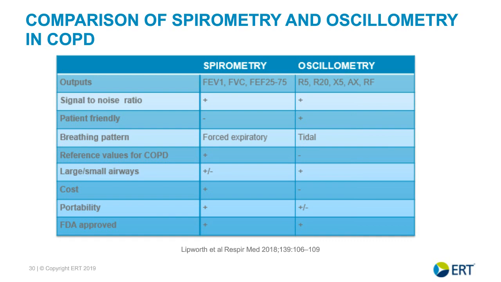In my opinion, oscillometry is much more patient-friendly than spirometry because it avoids the forced expiratory maneuver. It's done with normal physiological quiet tidal breathing. The only downside of impulse oscillometry is that there aren't the same standardized reference values for COPD with oscillometry compared to spirometry. But the big difference with oscillometry is it allows you to differentiate between the small and large airways, which you really can't do with spirometry.